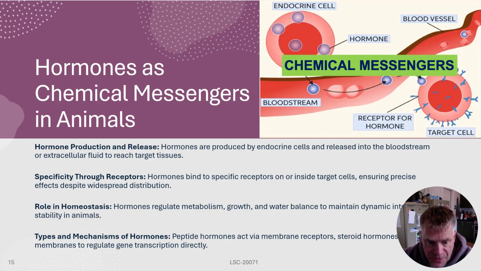There's different types and mechanisms of hormones, so there's some variety of them, as you would have seen in that big long list of them that we had earlier on. The peptide hormones act via membrane receptors, so those are the water soluble ones, and then you've got the steroid hormones that, because they're lipid soluble, can actually travel through the cell membranes and regulate gene transcription or receptors within the cell directly.